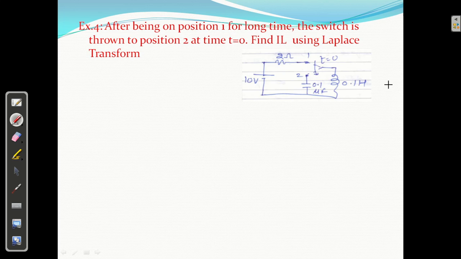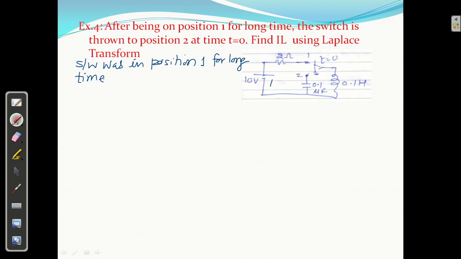Okay, so earlier the switch was in position 1 for a long time.